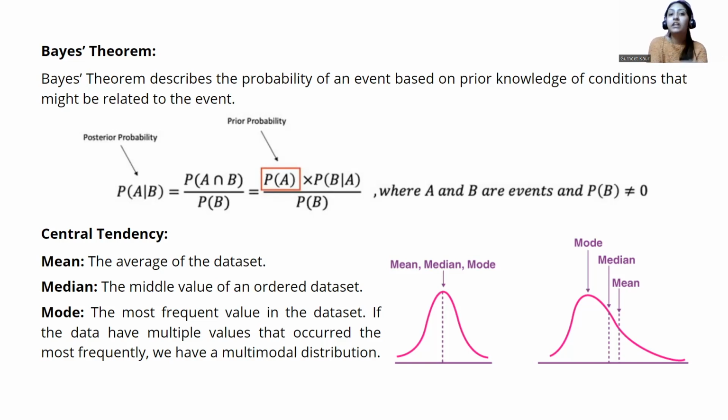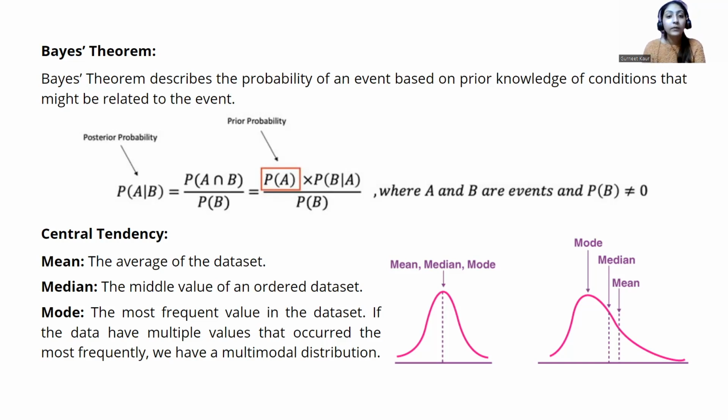So probability of A given B is probability of A multiplied by probability of B given A, divided by probability of B. Probability of A is the prior probability, which means that a patient has a liver disease, right?